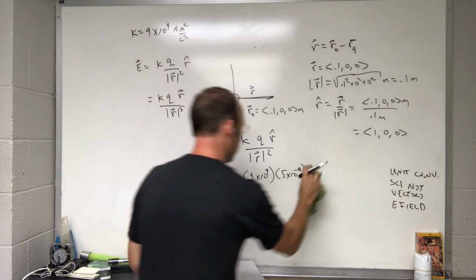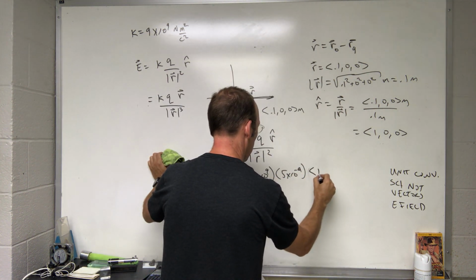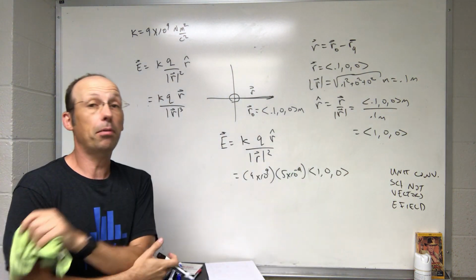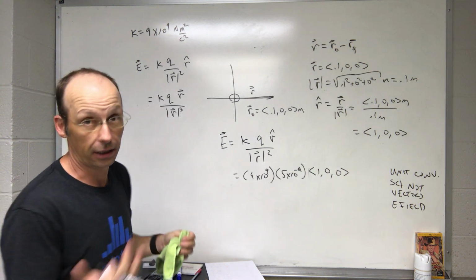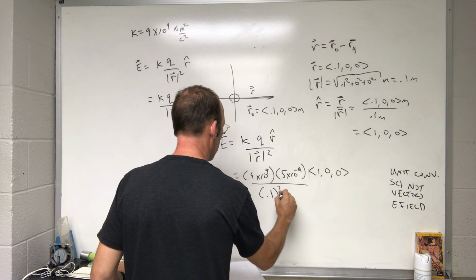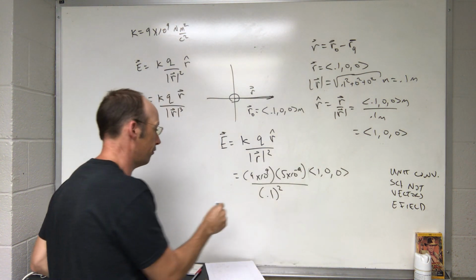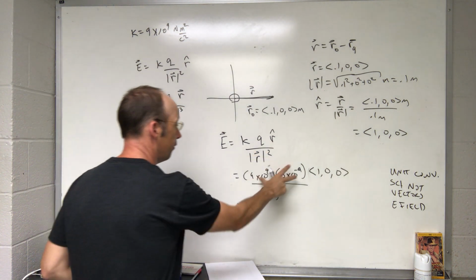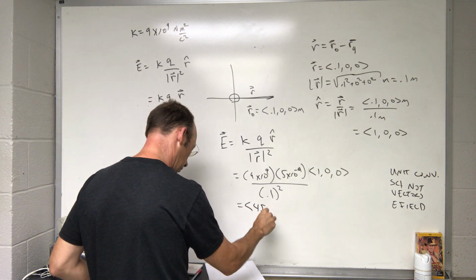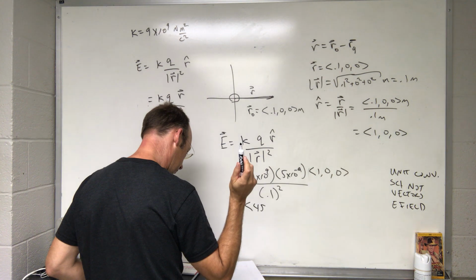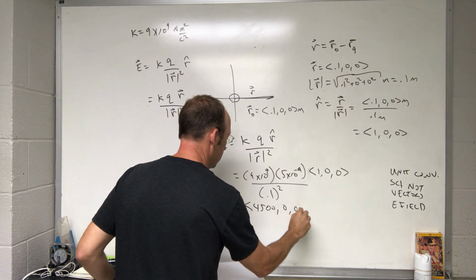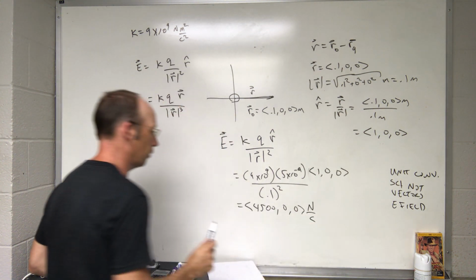That's a vector, and that's important, because since I'm multiplying by a vector, I get a vector answer, and the electric field is a vector. Then I divide by 0.1 squared. Again, there should be units in there, but I'm just trying to save space. If I multiply all this out, I get 4,500, 0, 0 newtons per coulomb, and those are the units for electric field.